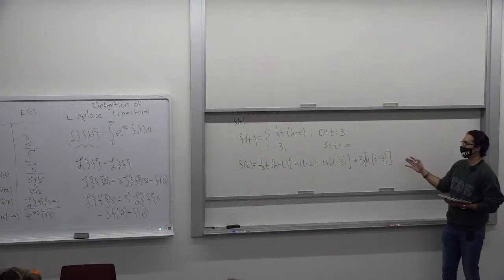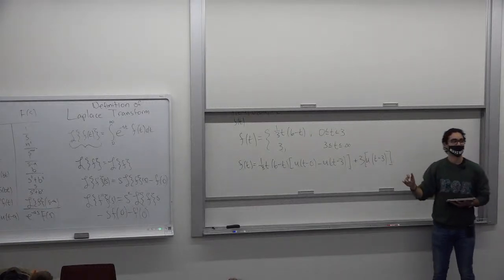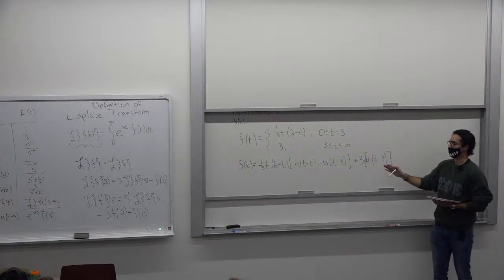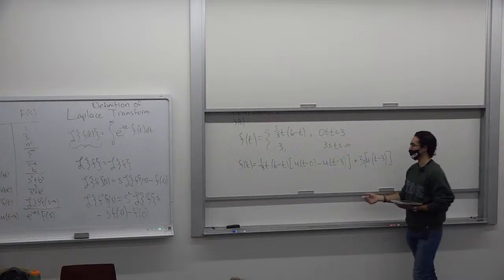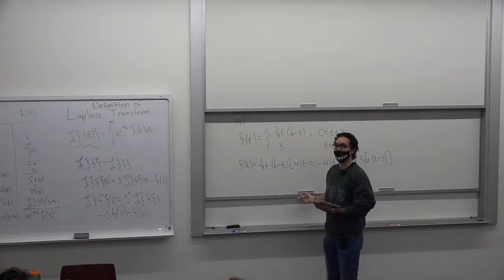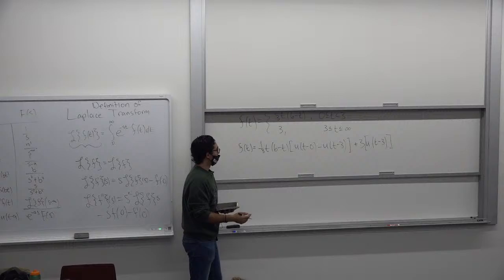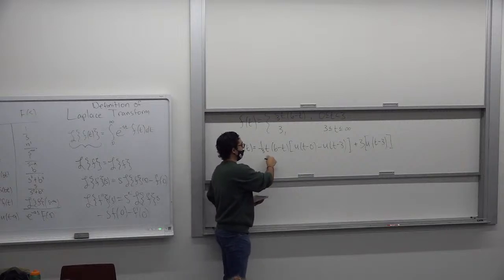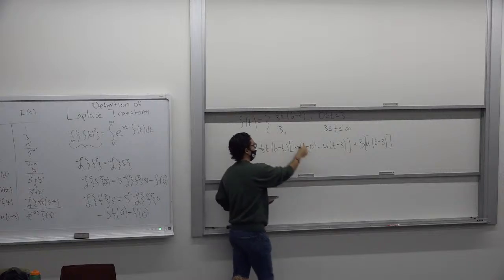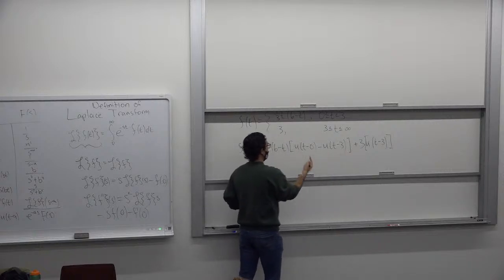I'm going to do the same thing I did in the last problem, so this is going to be a little bit of heavy algebra, so just stick with me. If you lose your footing, then let me know. I'm going to multiply this 1/3 t into this parentheses, and at the same time into this bracket.